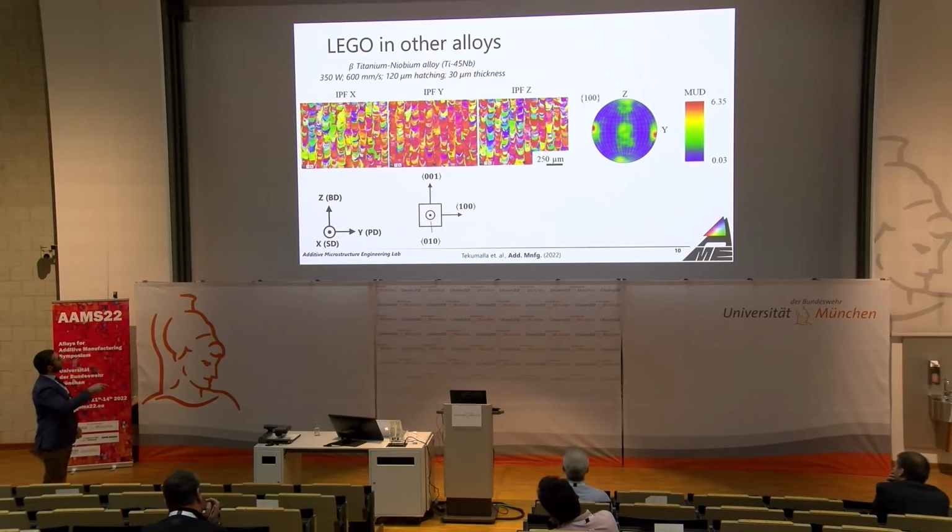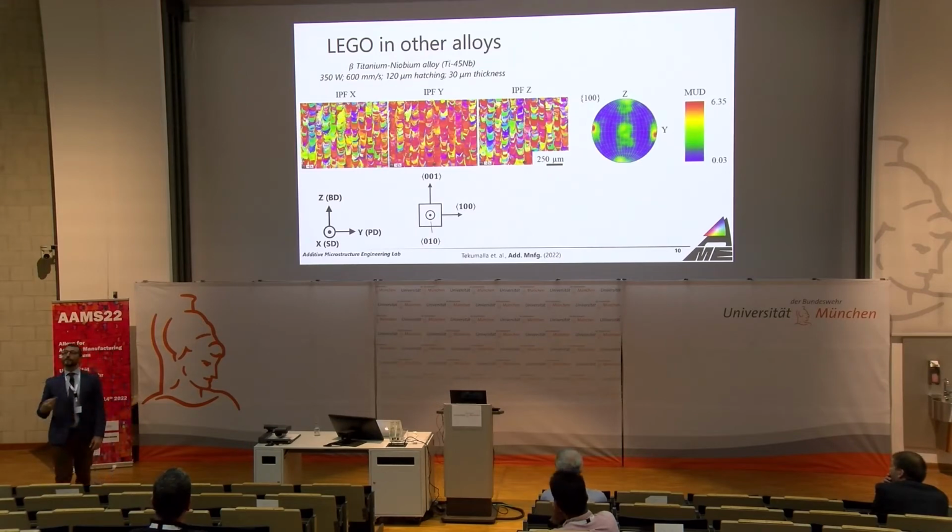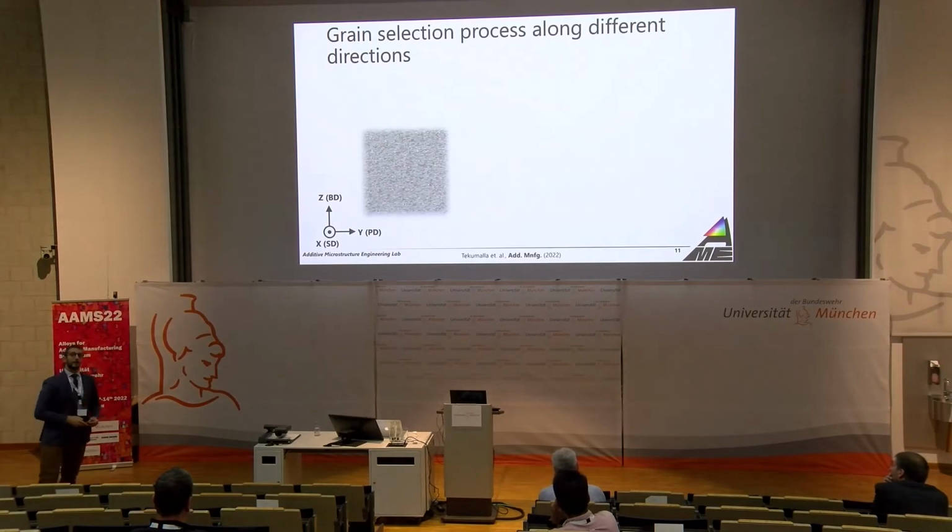And this texture we call a PD texture. PD stands for perpendicular direction because it's perpendicular to the build direction and the laser scan direction. As you can see from the pole figure here, you have a very strong texture along Y, right? So that's exactly what you see here. I'm only bringing this up because I think it reinforces the idea that if you want to control grain orientation or texture in general, you can manipulate the melt pool geometries.